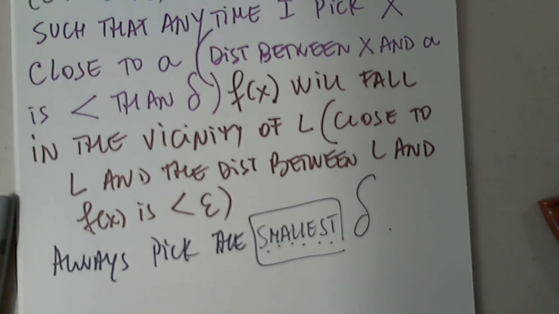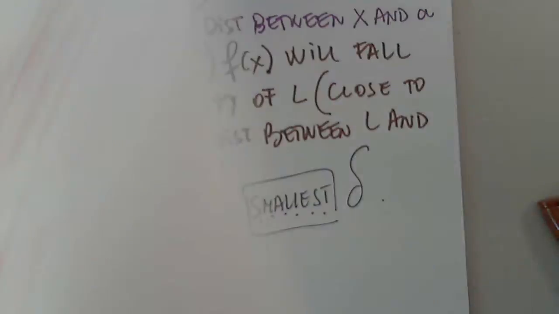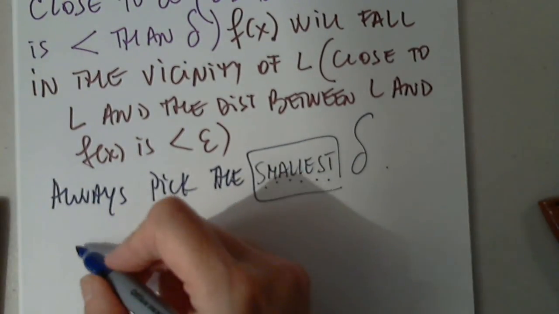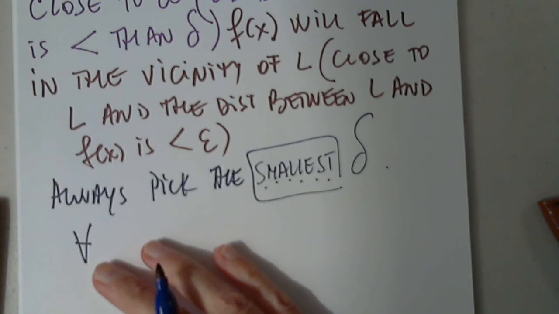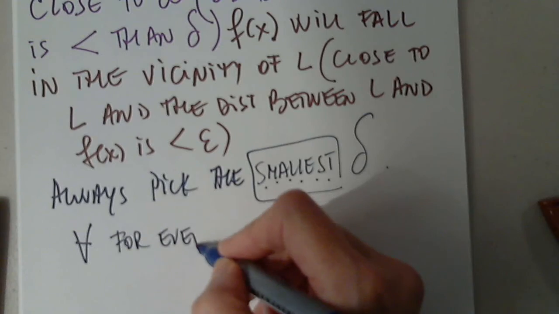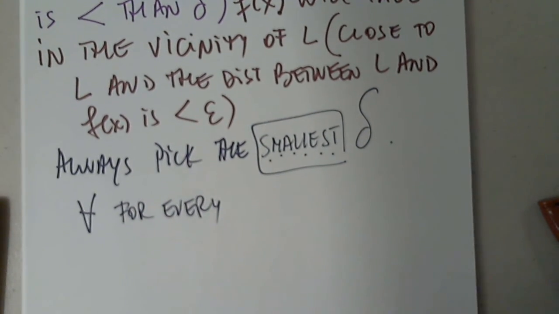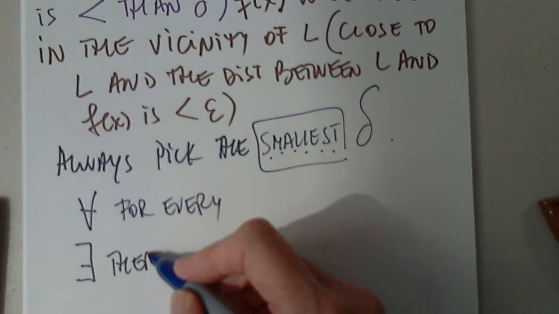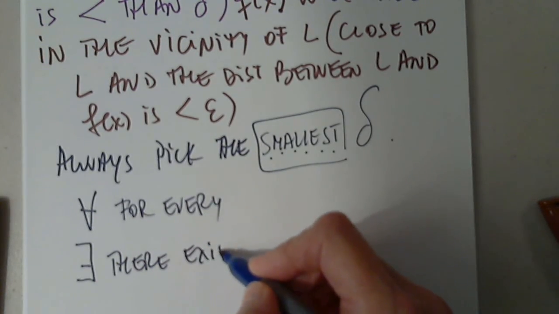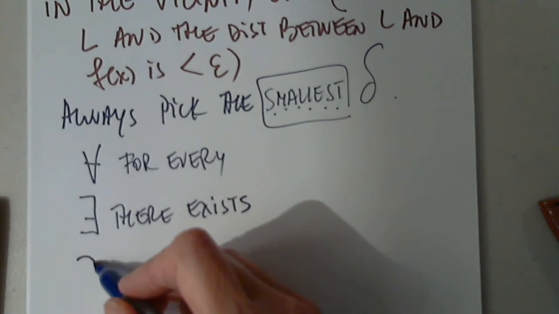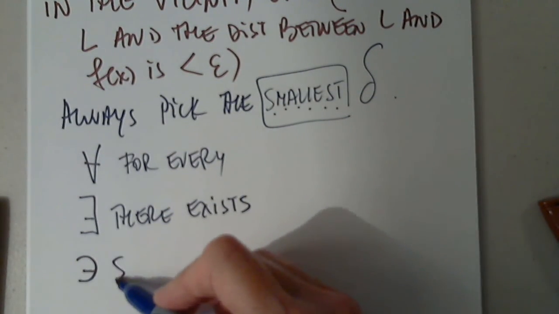Okay, we don't write all that, so I'm going to show you some mathematical symbols. This symbol, for every. This symbol, there exists. This symbol, such that.